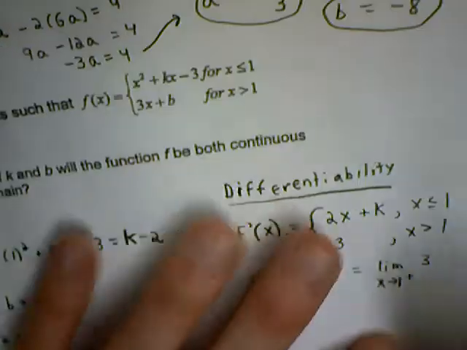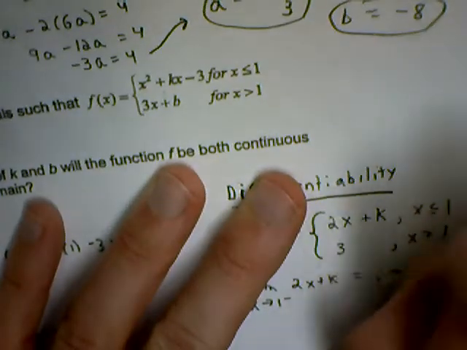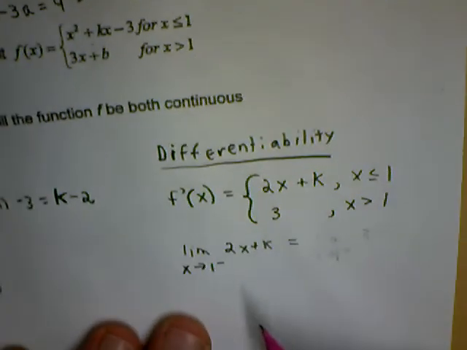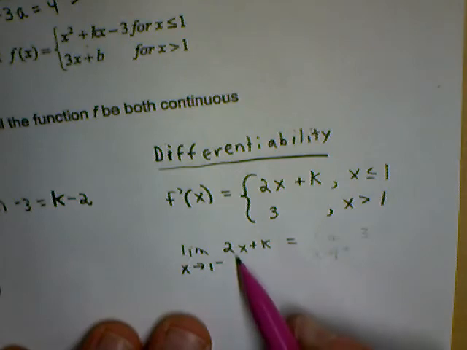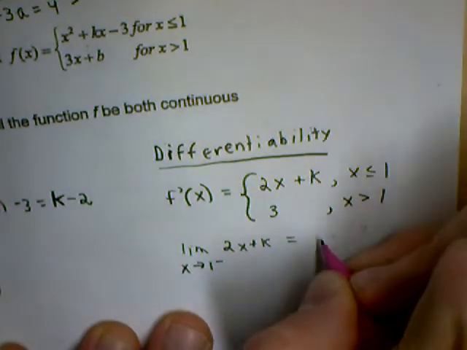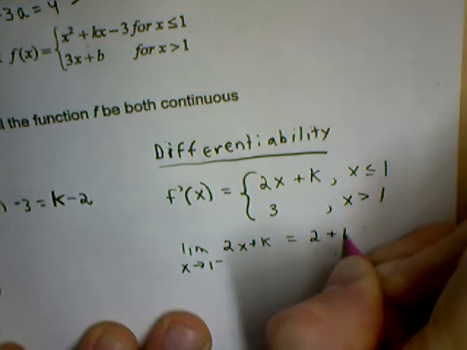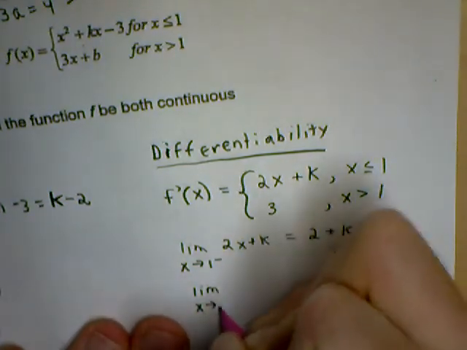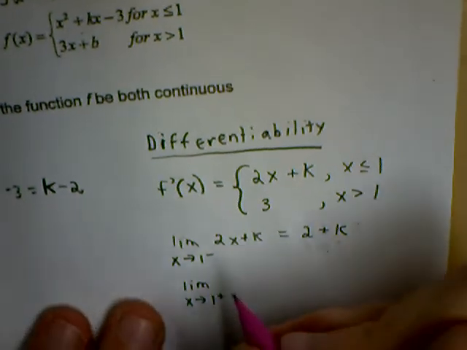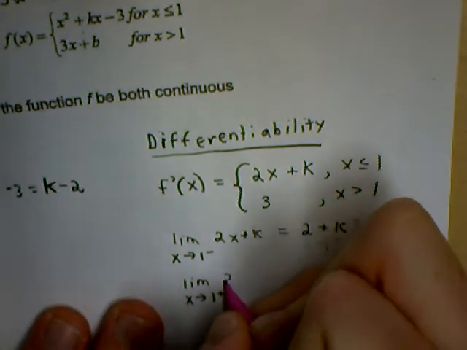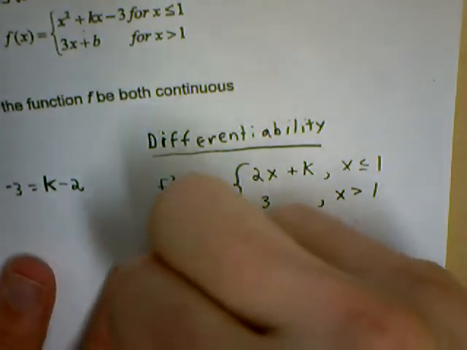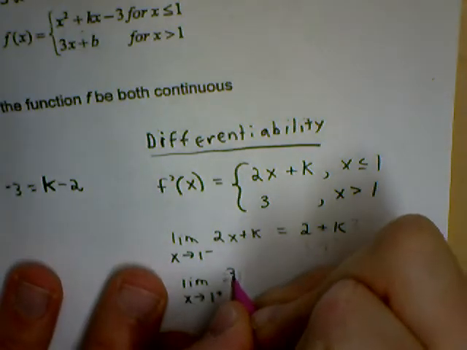All right, so right here, what I'm going to do is plug in 1. 2 times 1 plus k is 2 plus k. The right-hand derivative, I'm going to use 3.